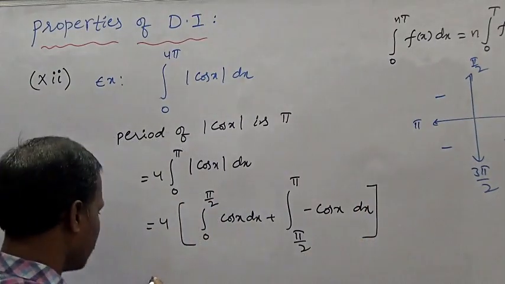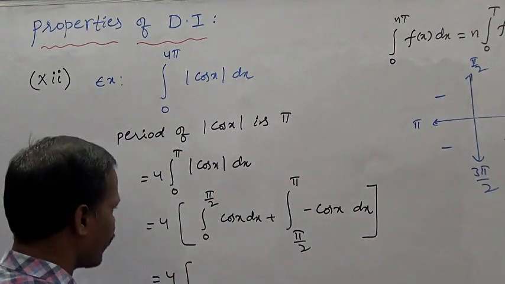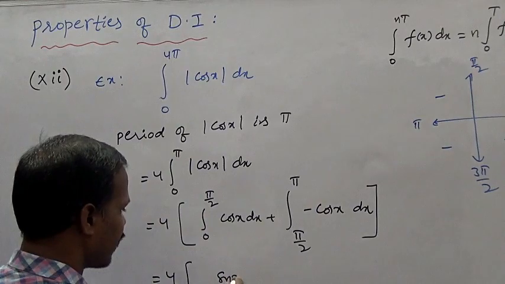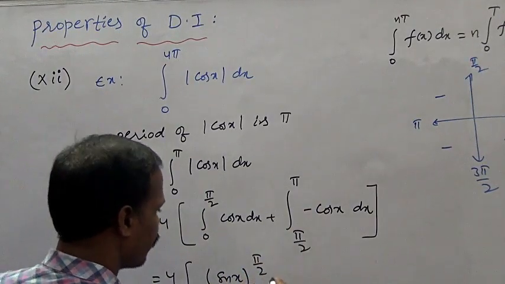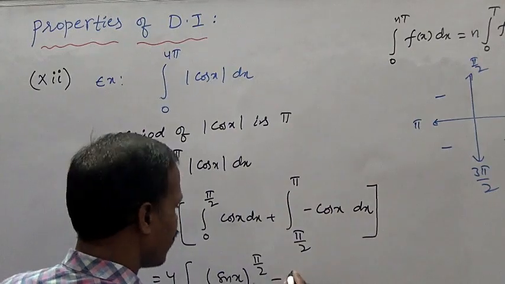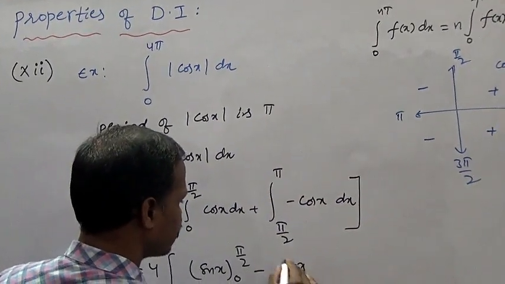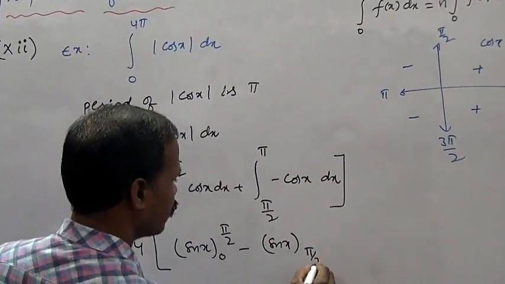Now this is equal to 4 times the integral of cos x, which is sin x, from 0 to pi by 2, minus the integral of cos x, which is sin x, from pi by 2 to pi.